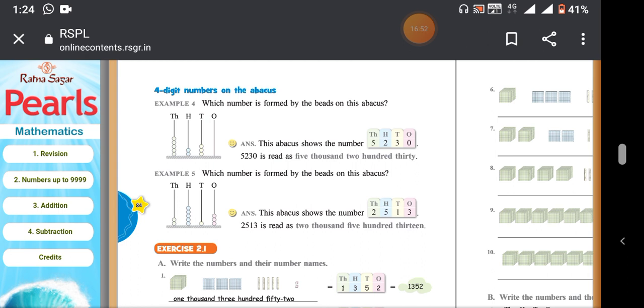Then in the hundreds place there are 5 beads, so we should write 5. Then there are 2 beads in the thousands place, so we should write 2 in the thousands place. So the number is 2513.